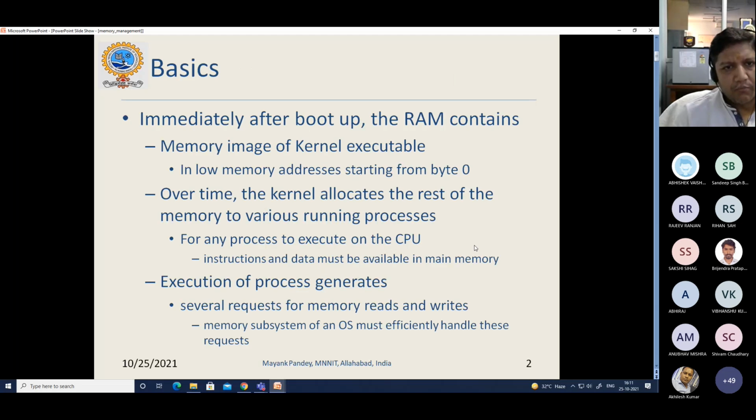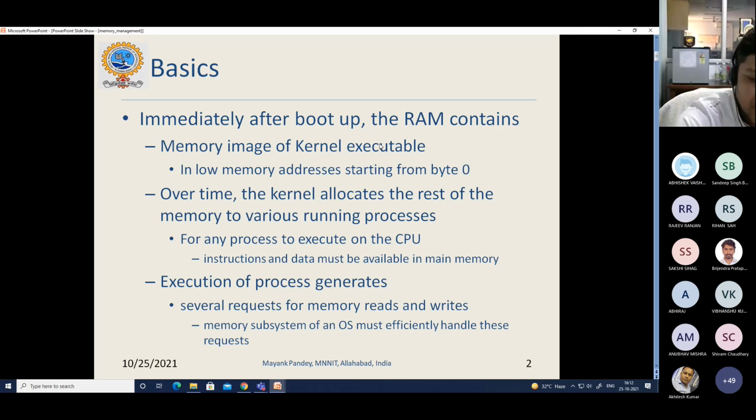Basics: when you boot up your system, immediately after the boot up, the RAM would contain the memory image of the kernel executable. Your kernel means the most important part of the operating system. That particular executable will be loaded in RAM first.